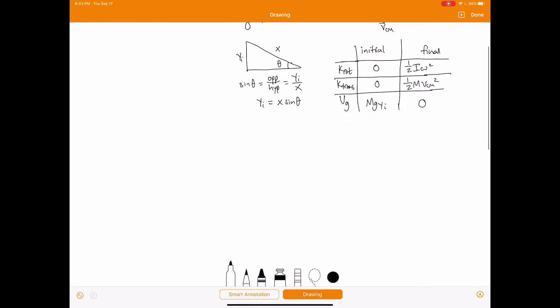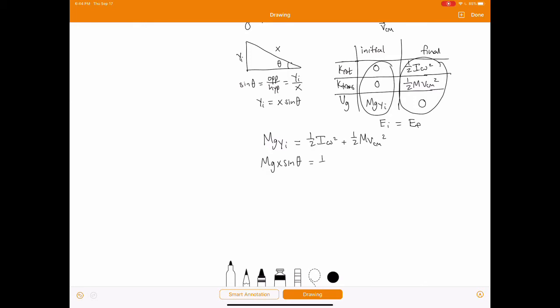So the next thing we do is set the initial total mechanical energy equal to the final. Again, for all the different kinetic and potential energies, we just add the columns, essentially. So this is E initial, this is E final. For E initial, I have mg y initial, that's it. For E final, I have 1/2 I omega squared plus 1/2 m VCM squared. So remember that y initial is equal to x sine theta.